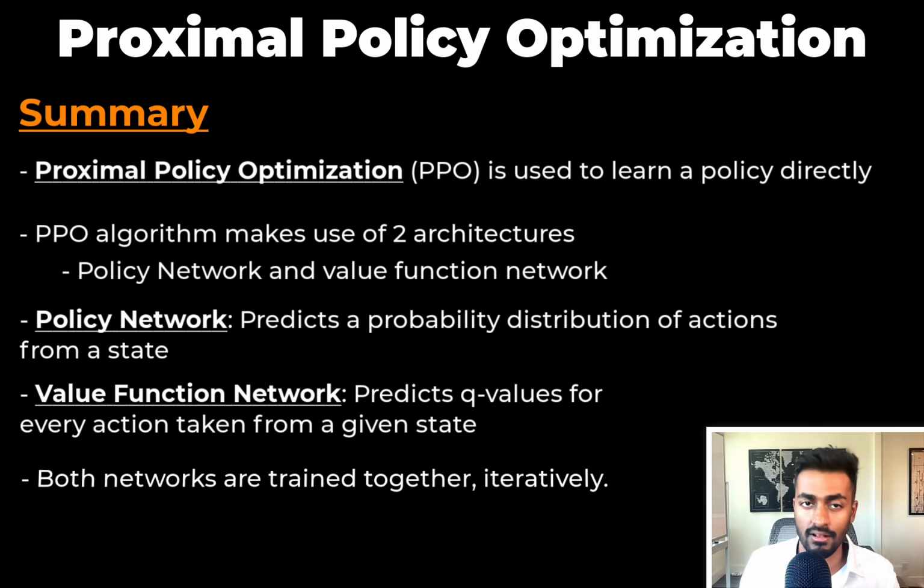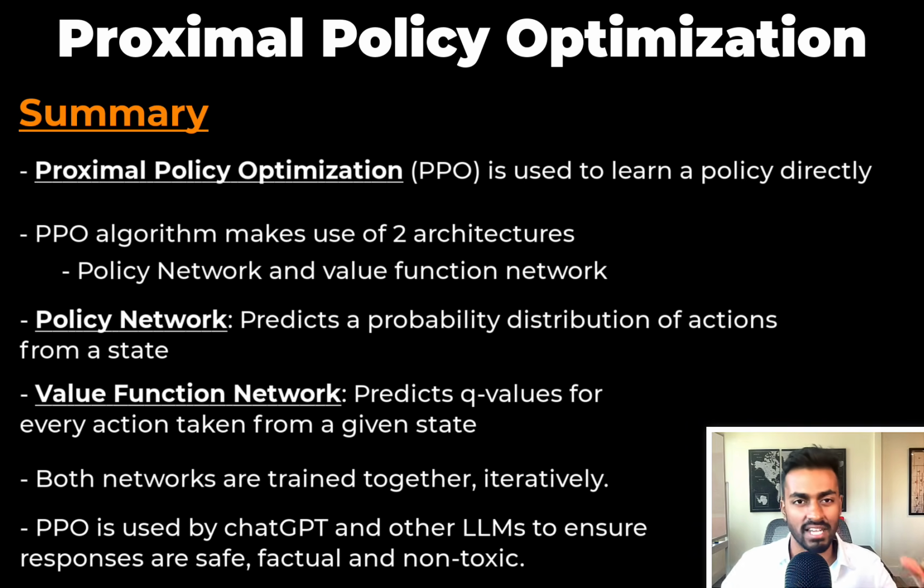The PPO algorithm involves training a policy network and the value function network iteratively and together. And just as a new tidbit here, this algorithm is actually used by ChatGPT and other large language models today to ensure that the responses that they give are safe, factual, and non-toxic.